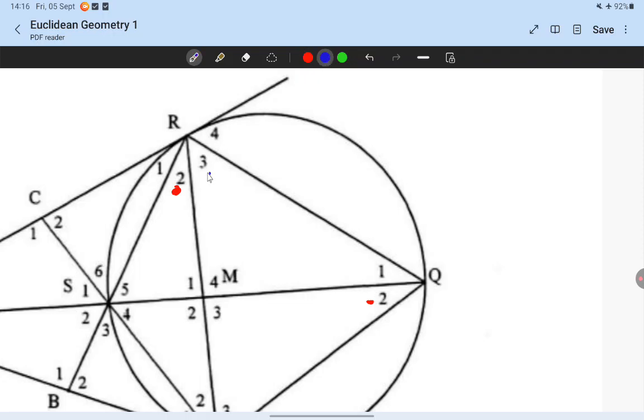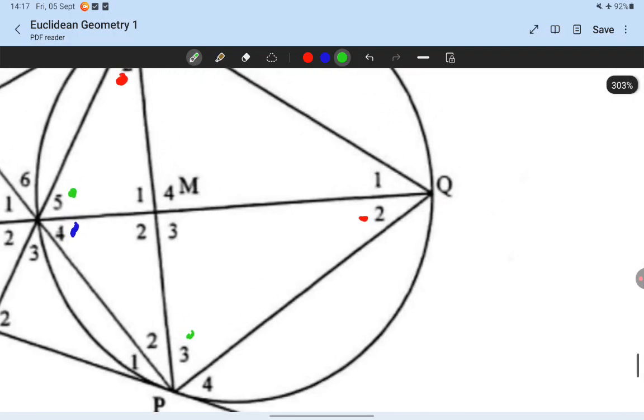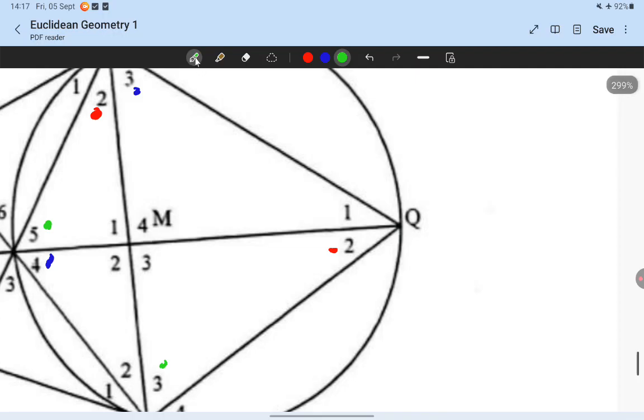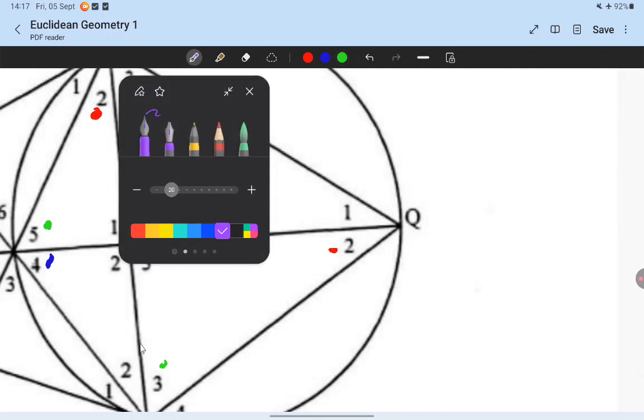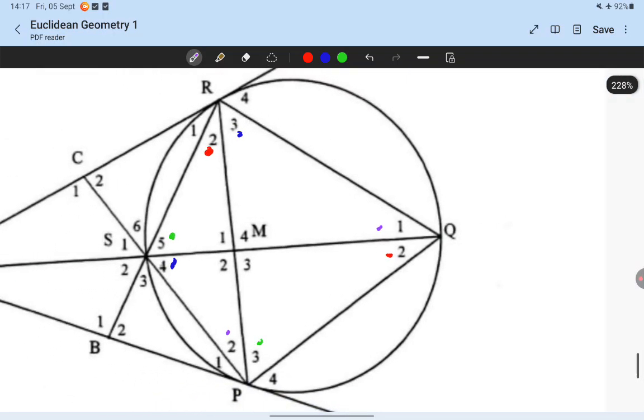And also we can see that our R3 must be equivalent to our S4, angles in the same segment. And also our S5 must be equivalent to our what? P3, angles in the same segment. And lastly, also you can see that our P2 must be equivalent to our Q1. So these are also angles in the same segment.